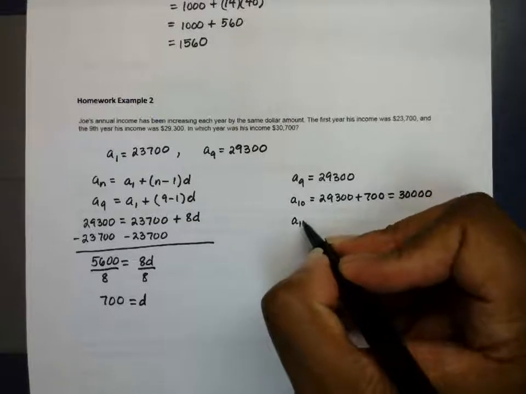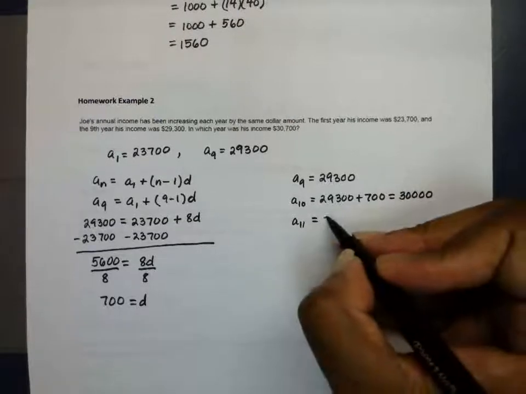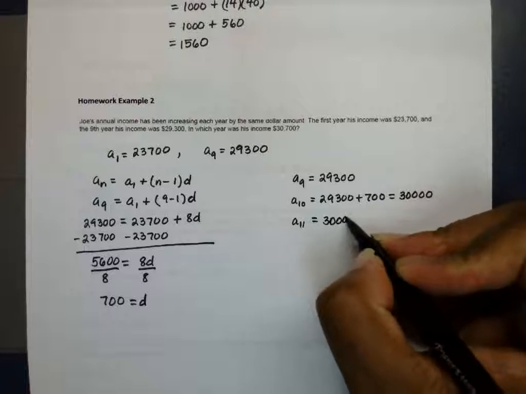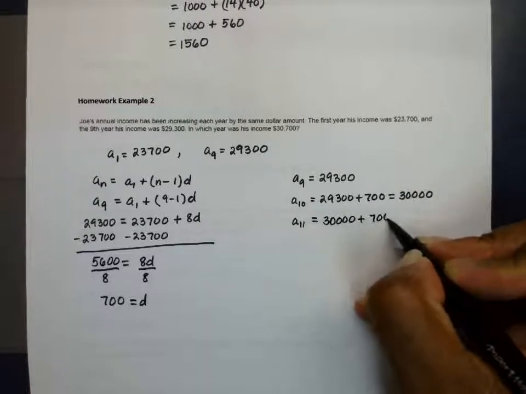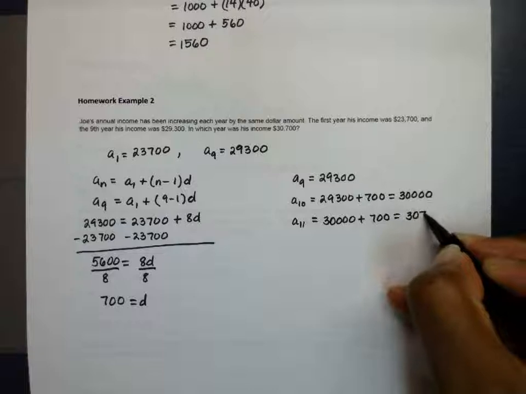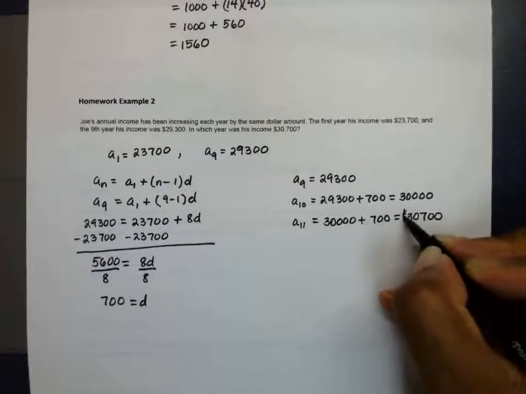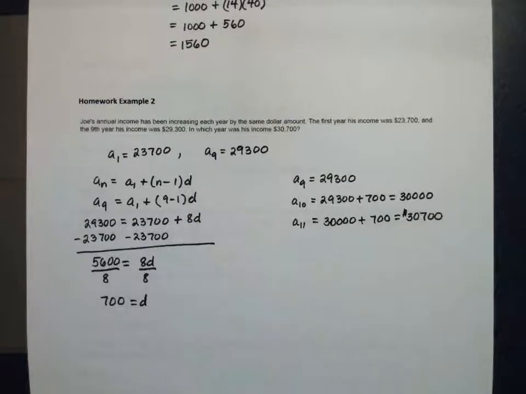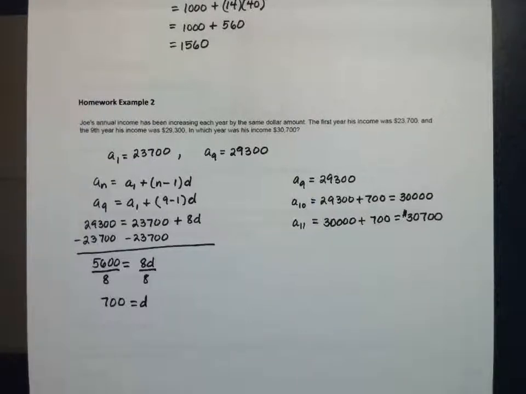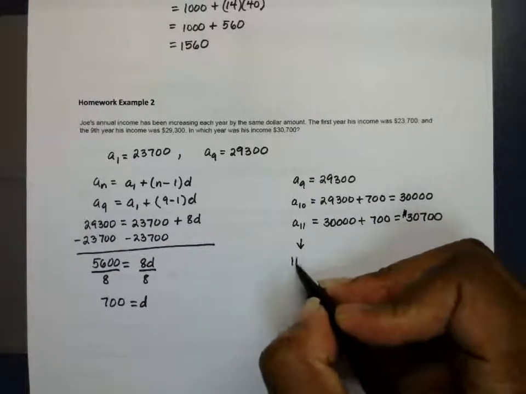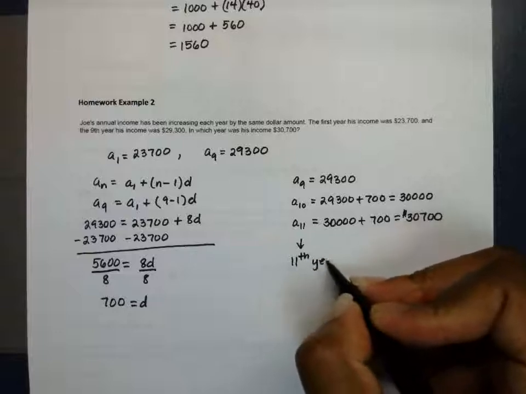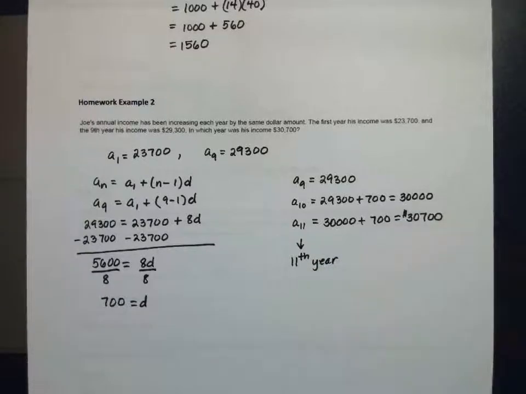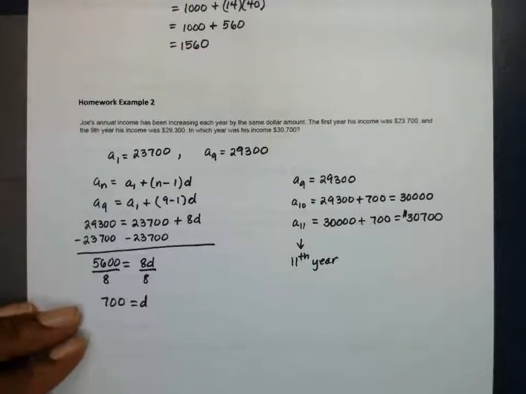And then, let's say the 11th year, we add another $700. That would be $30,700. So, in which year was his annual income $30,700? The 11th year. So the 11th year, his annual income was $30,700. Okay.